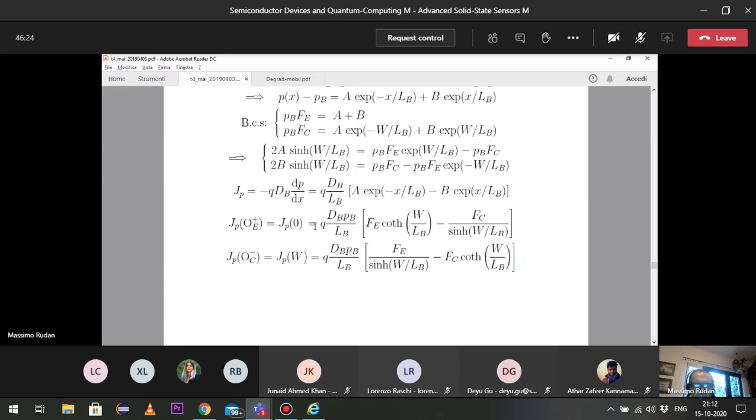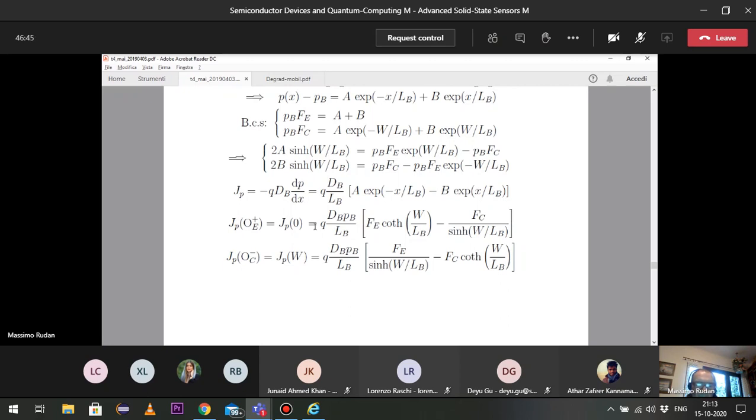In the same manner, we can calculate the minority carrier current at 0C minus, that is the right edge of the neutral base region.